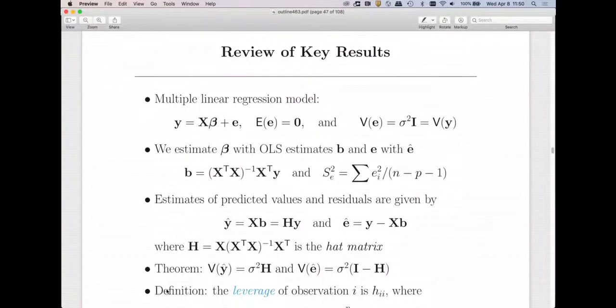Now, what we found is that my OLS estimates equal this very famous expression. So this is the set of OLS estimates, and this is the way we estimate our error variance. So the mean squared error estimates this sigma squared, so this S squared thing is estimating that. Now, a couple key results for us are that my y hat is, well, let's just write this out.